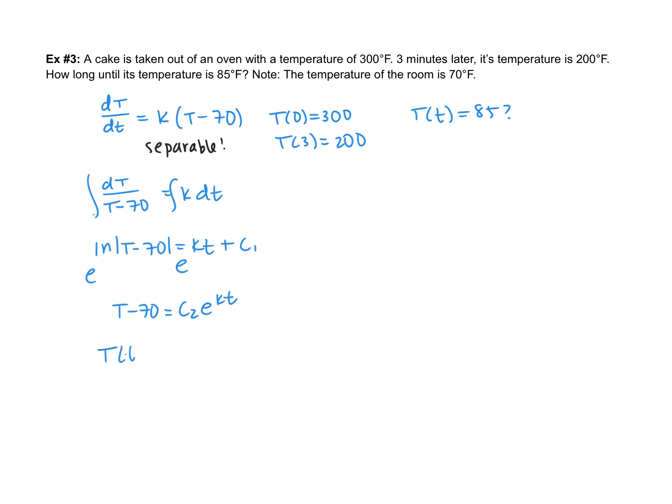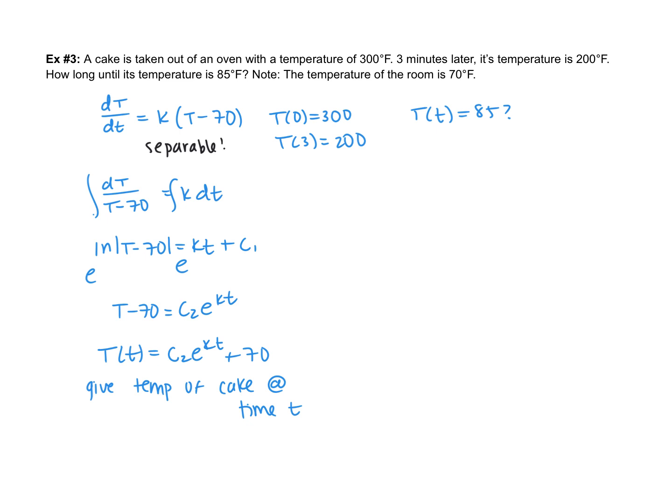So then T of t is C2 e to the kt add 70. And so this will give the temperature of the cake at time little t. So that is our general solution.